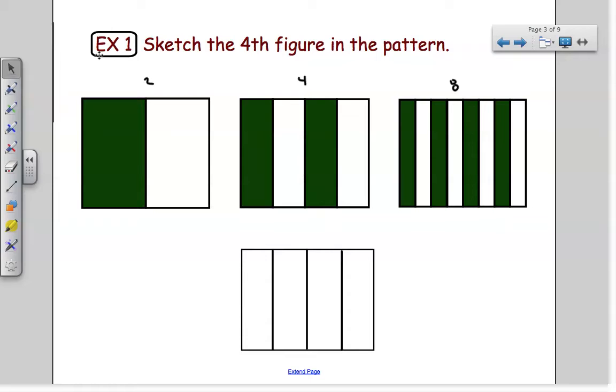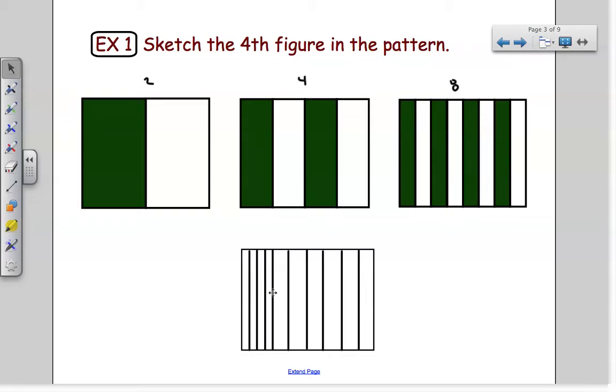Now I'm at the point where it looks like the second example. I have to divide all of these. And in a second, this now looks like the third picture when I had 8. But now I need to divide all of these again.